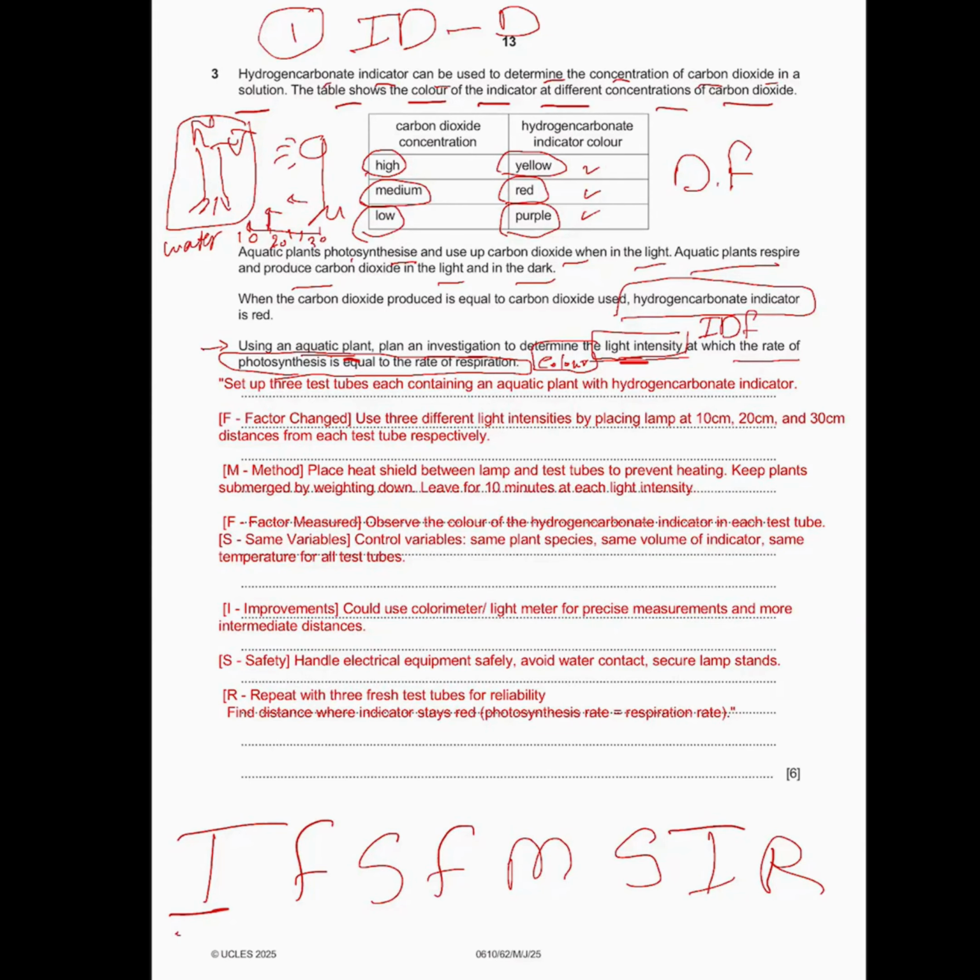Once I find that the color of the hydrogen carbonate indicator inside the water became red, because when the carbon dioxide is equal to the oxygen produced it gives me red color, then I will stop the experiment, and now I know that carbon dioxide equals oxygen.